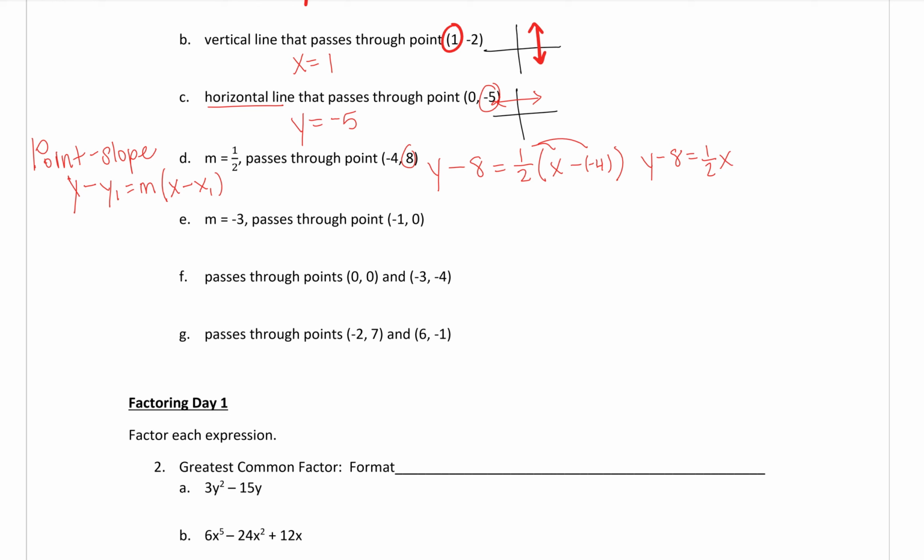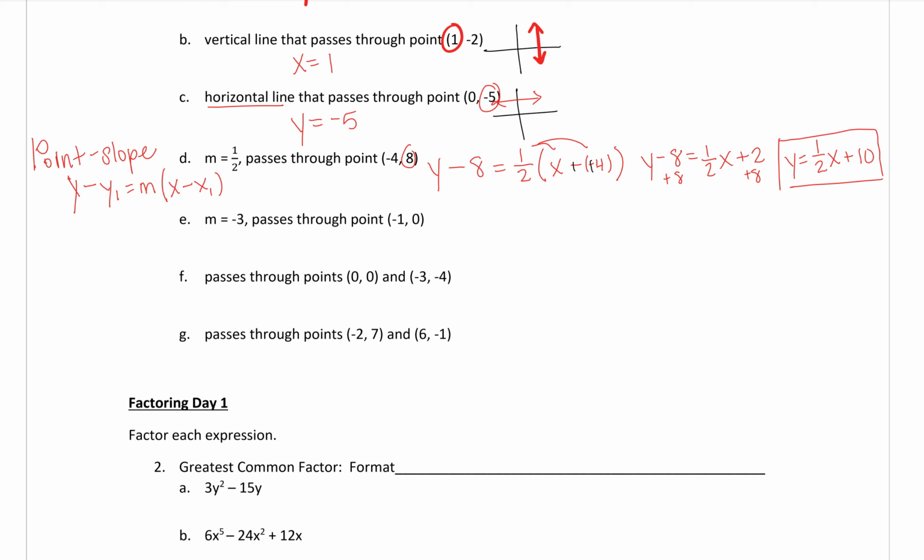This negative becomes a positive 4, so I know I'm going to have 1/2 times 4. Well, half of 4 is a positive 2. And to finish it, to get it into y equals form, I know I'm going to add that 8 to the other side so that I end up with y equals 1/2 x. 2 plus 8 is 10. So my final equation is y equals 1/2 x plus 10.